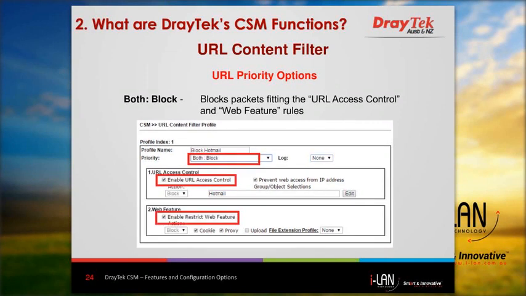And similarly for the other option, which is both block, if that's selected, then the data packets will be blocked if it matches the criteria of both URL access control and web feature rules. So if any data packet is not matched, then the website will be passed. So it'll just be the opposite of the first one.